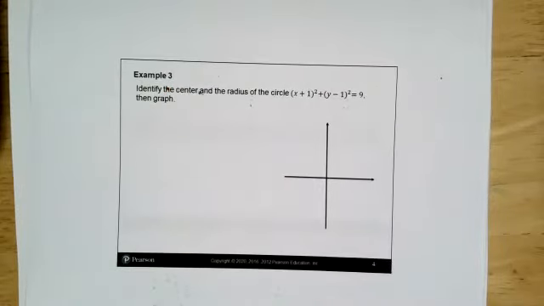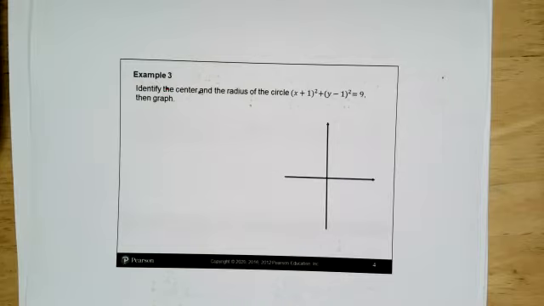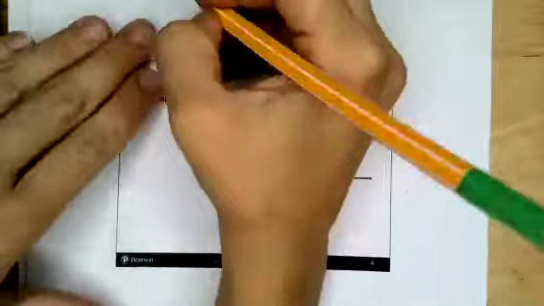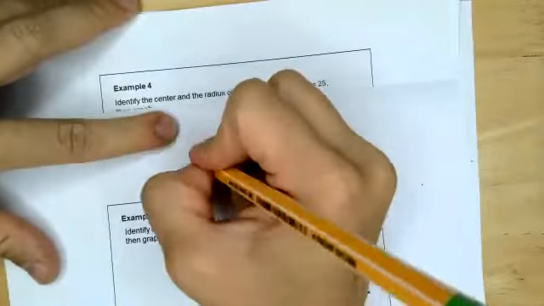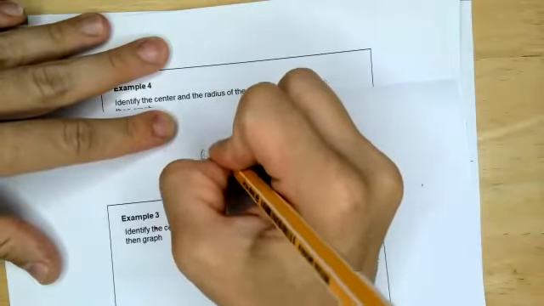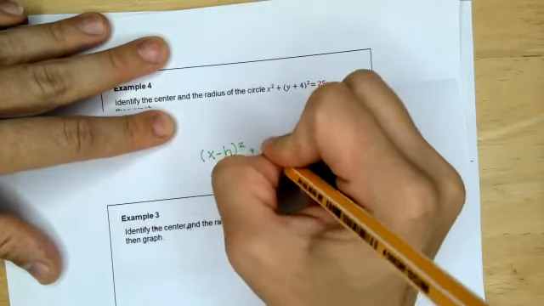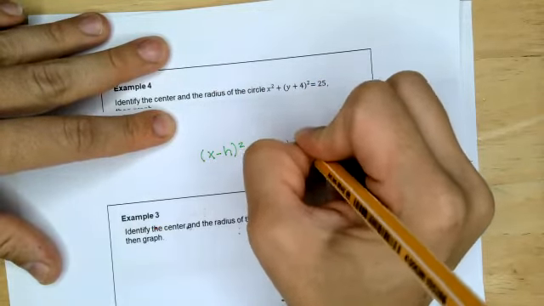Example 3 says, identify the center and radius of the circle x plus 1 squared plus y minus 1 squared equals 9. Okay. In standard form, it is x minus h squared, y minus k squared.